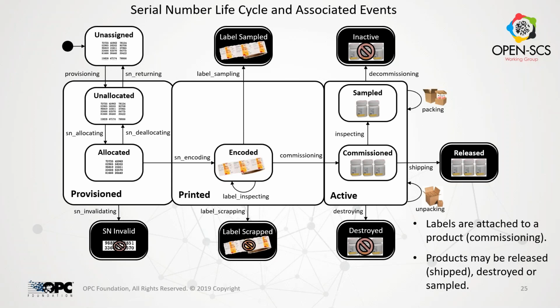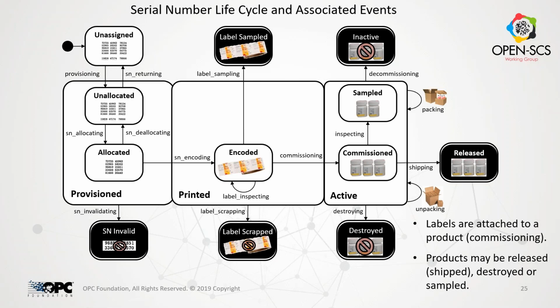If I can pull some of these commissioned products off and retain them for samples, I can send them to the labs, or into the warehouse if I have to do stability checks on them. Again, I don't want these serial numbers associated with these products to go into the supply chain, so I need to record the fact that they're valid numbers, but they'll never show up in the supply chain.